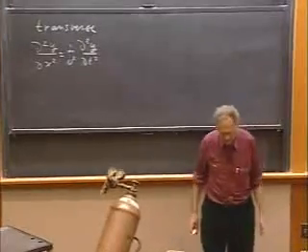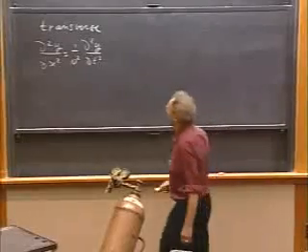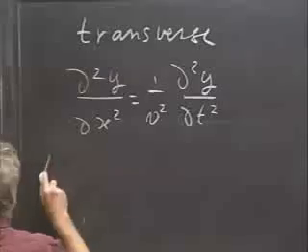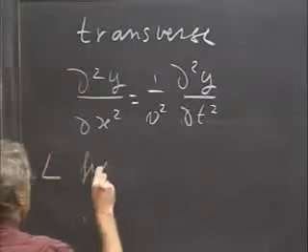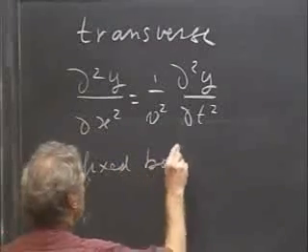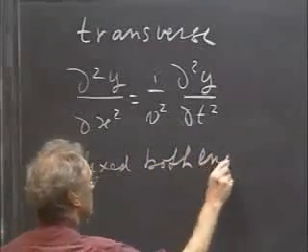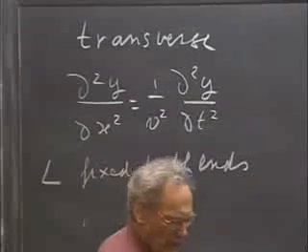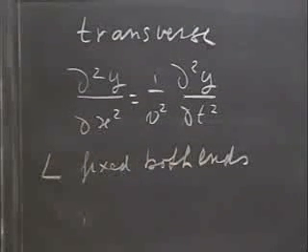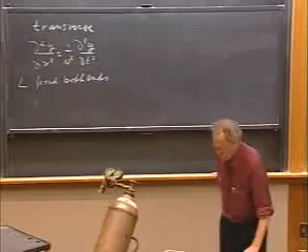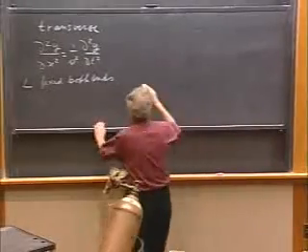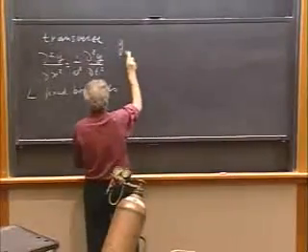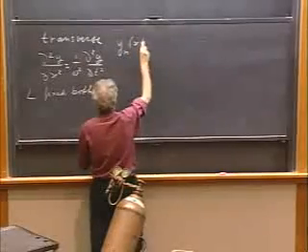So for instance, if we have a string with length L, fixed on both ends, then the boundary conditions determine the precise allowed solutions. We call them eigenstates in quantum mechanics. I can write down now the displacement y in the nth mode as a function of x and t.